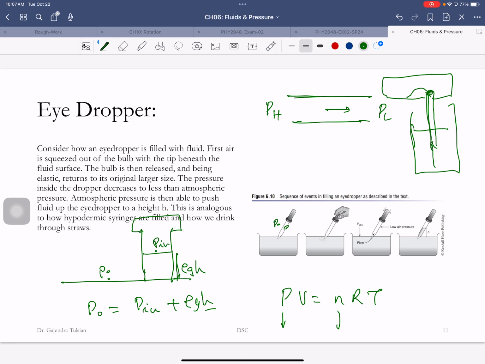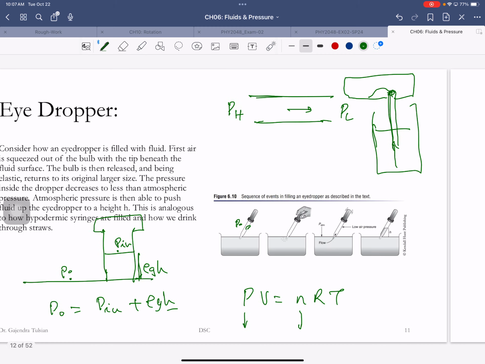For instance, if a straw was 10 meters long, if a straw was 33 feet long, even if you removed all the air, water would only rise up to 33 feet. So you couldn't drink from a straw longer than 33 feet, even if you removed all the air.